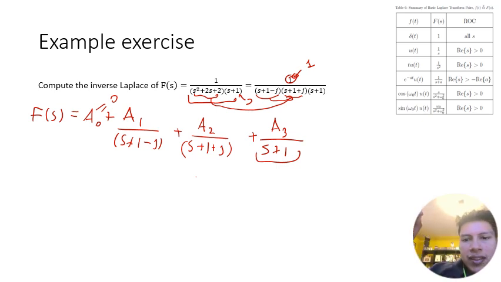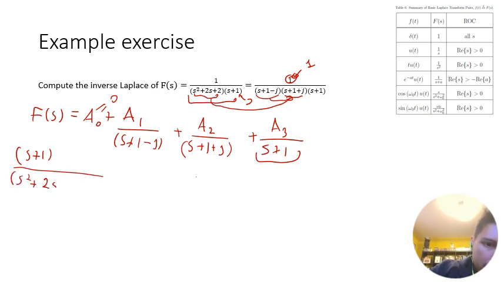We multiply both sides by s plus 1 and evaluate at negative 1. So we have (s plus 1) divided by s squared plus 2s plus 2, times s plus 1, and we're going to evaluate it at s equals negative 1.